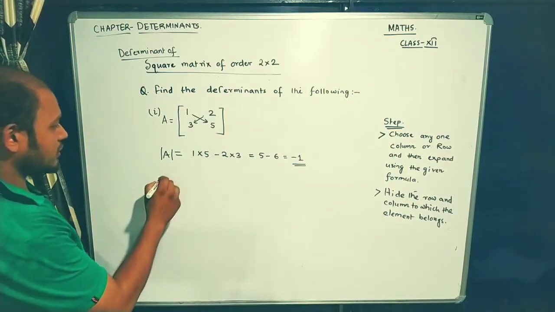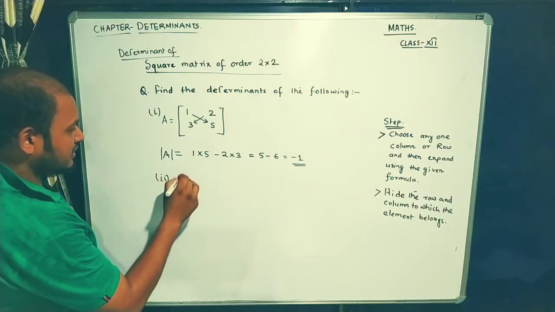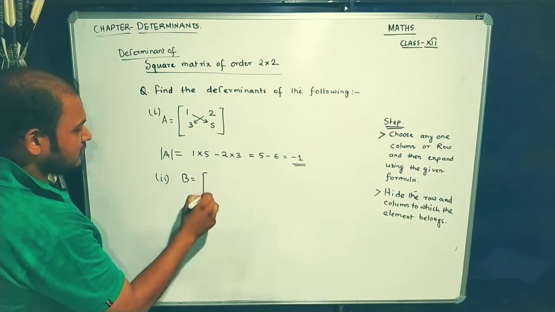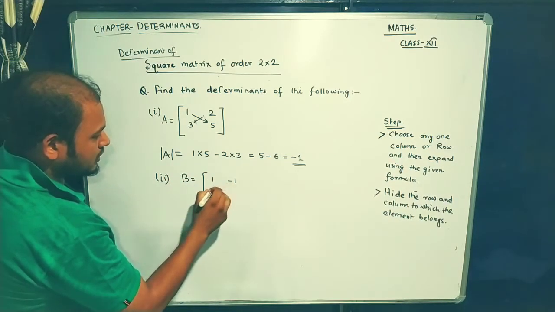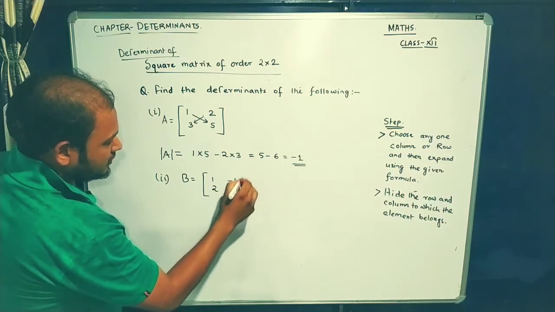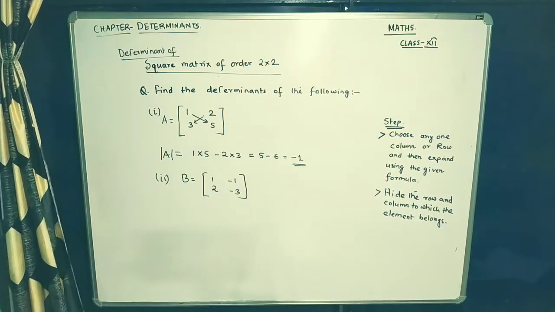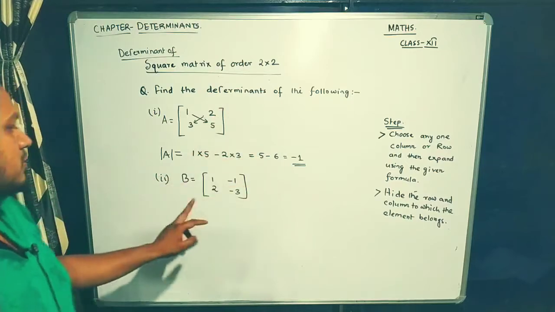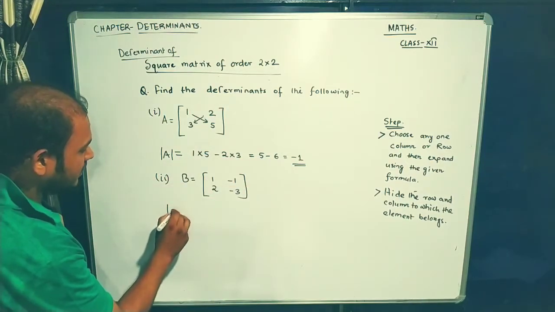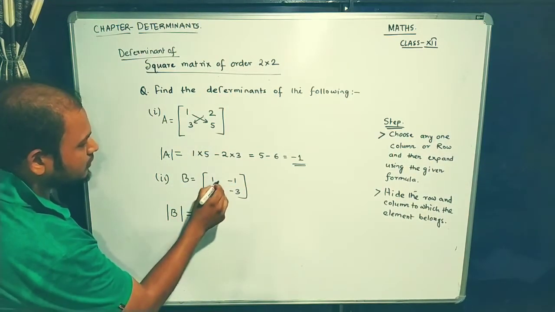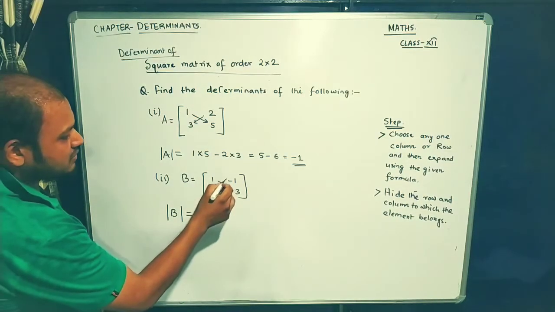Let us have another example. Let us say the matrix B is equal to 1, -1 and 2, -3. You are required to find the determinant of this matrix. So the determinant of B will be equal to this into this minus this into that.